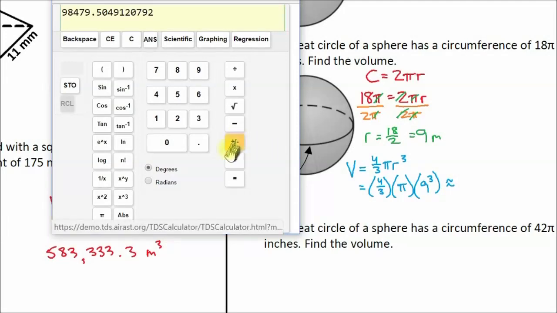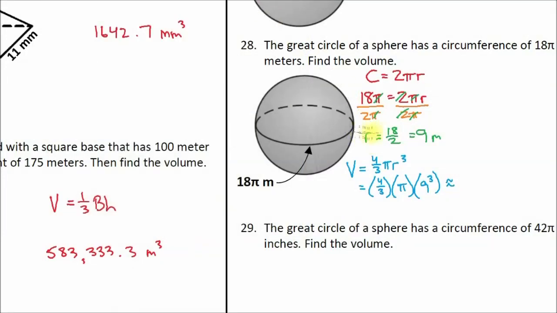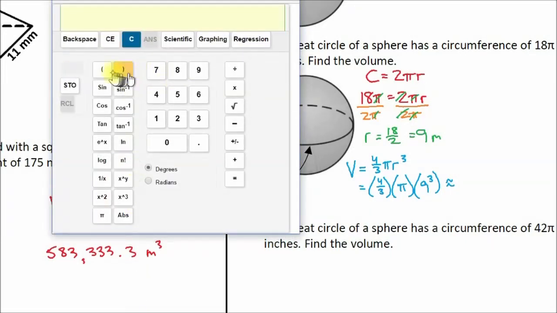Maybe I made a mistake on my worksheet. Let's do it one more time just to make sure and verify that we figured out the radius was 9, and that is correct. So let's try it one more time, see if my answer key was wrong. So I'll put in 4 divided by 3 multiplied times pi, and then multiplied times 9 cubed, and press equal.